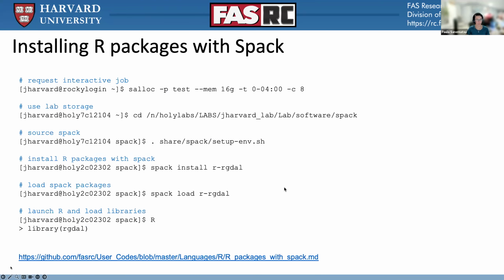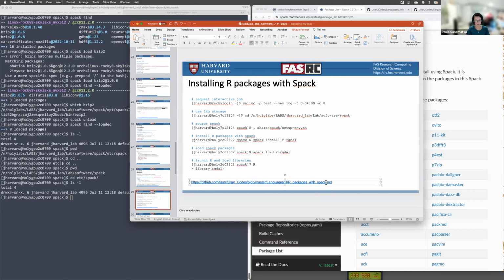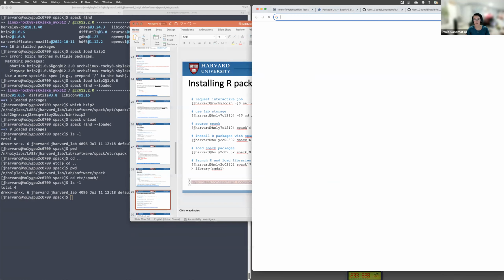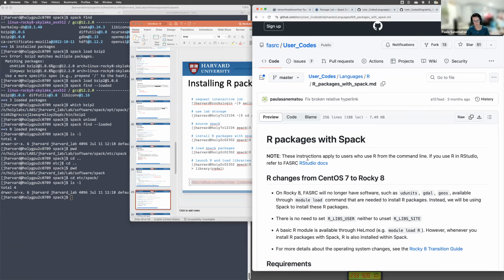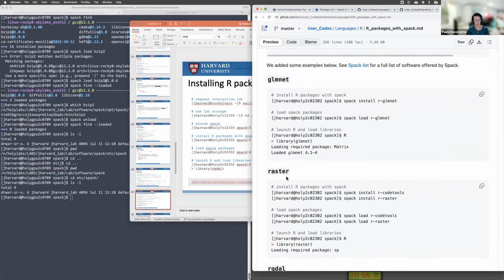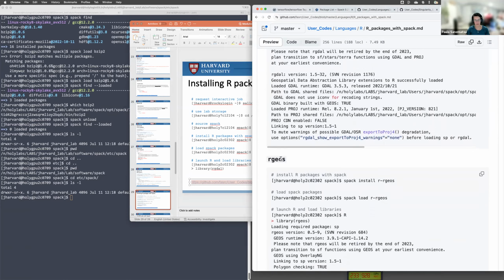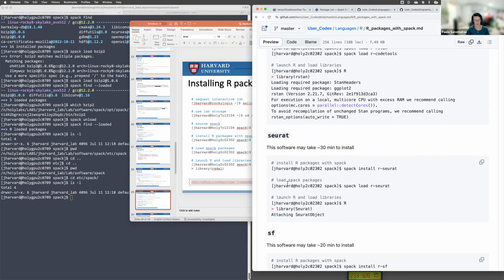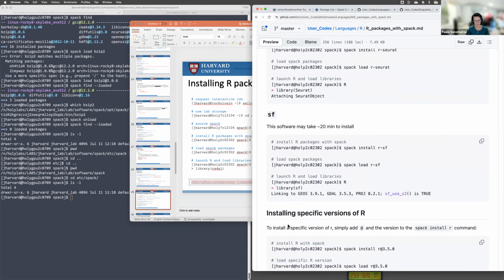For R, if you need any of the packages that are listed in our packages with Spack, such as GLMNet, raster, RGDAL, RGEOS, RStan, Seurat, or SF, or if you want specific versions of R, older versions of R, we recommend that you use Spack, because all of these packages require software installs beyond the R package.